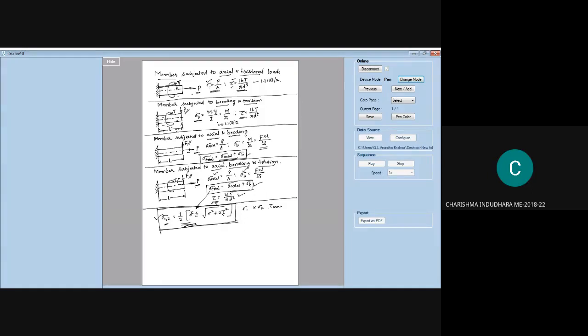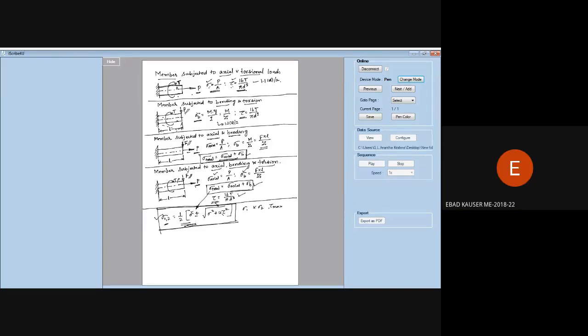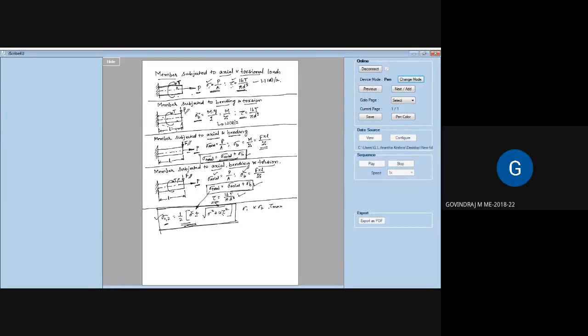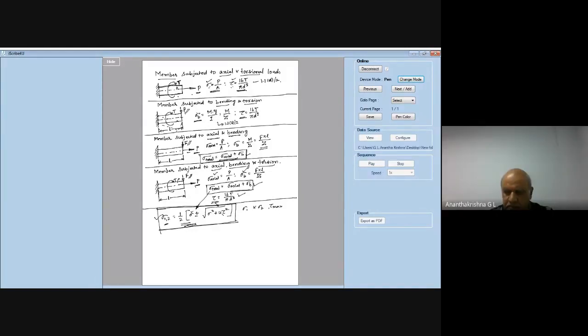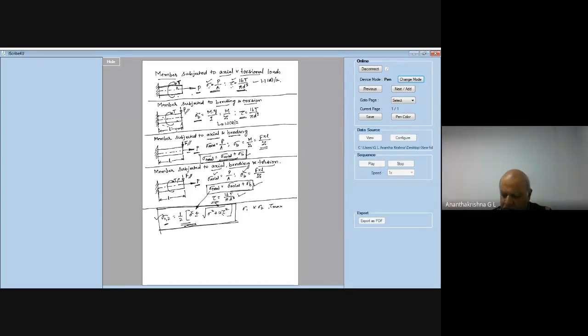Charishma? Present, sir. Darshan? Present, sir. 17? Ibad Kausar? Present, sir. 18? Present, sir. 19? Present, sir. 20? 21? 22? Present, sir. 23? Yes, sir. 24? 25? 26?